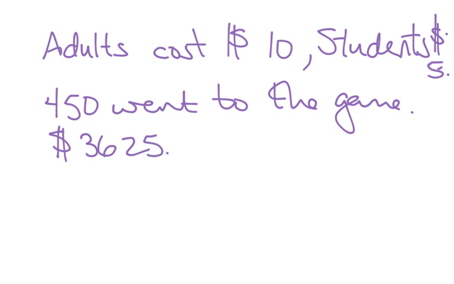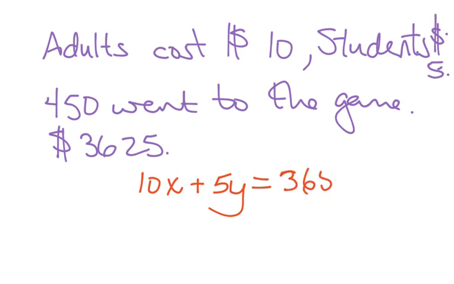And so we need to write an equation. So you've got two variables, so we have two unknowns, so we have two equations. So the first one, we have 10x, or 10a, doesn't matter what you want to use here, and 5y, so x is adults, y is students. And there's a total of $3,625 because we are looking at cost per person.